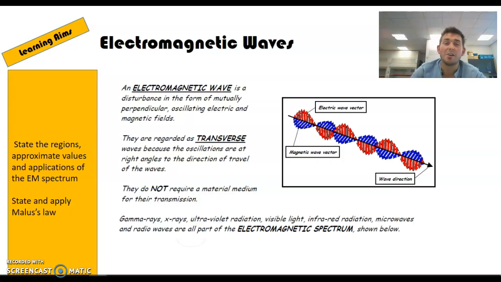We'll see. Right, so an electromagnetic wave is pretty much what it says on the tin. It's an electromagnetic wave. So it is the waving of the mutually perpendicular electric and magnetic fields. Now, what it means by mutually perpendicular is that they will always be perpendicular to one another.